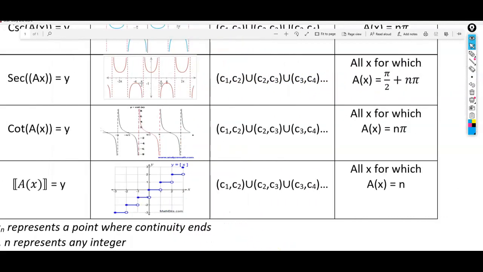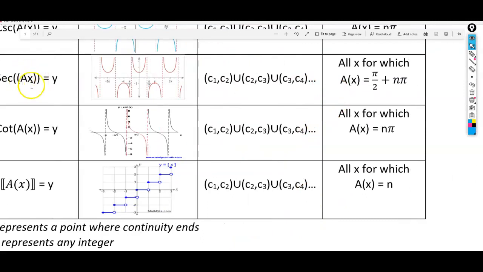And where it's discontinuous is anywhere where the argument, the part that's inside the parentheses, is equal to pi over 2 plus n pi. Now, an easy way of saying that is that secant is going to be discontinuous at pi over 2 plus any pi value added onto that. So thinking of your unit circle, if you go from pi over 2 and you add pi to that, which is half a circle, you're down at the bottom, which is 3 pi over 2.